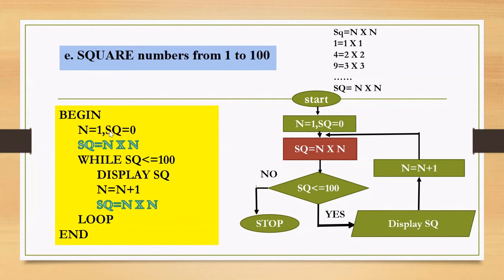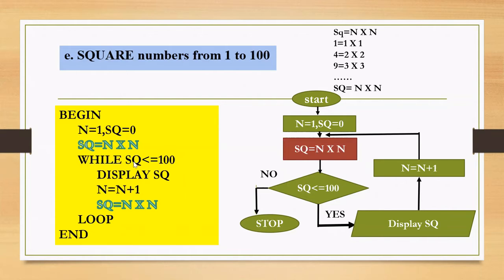Now you can see for the first square number, 1 into 1 is assigned to SQ. පළවෙනි වර්ග සංඛ්‍යාව හදා ගන්නවා. එතකොට right side එක process වෙලා left side එකට assign. Now SQ is 1.